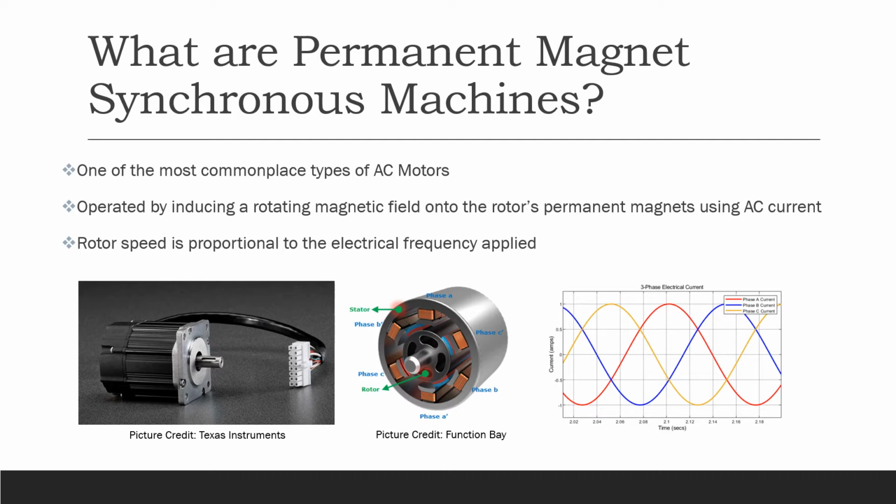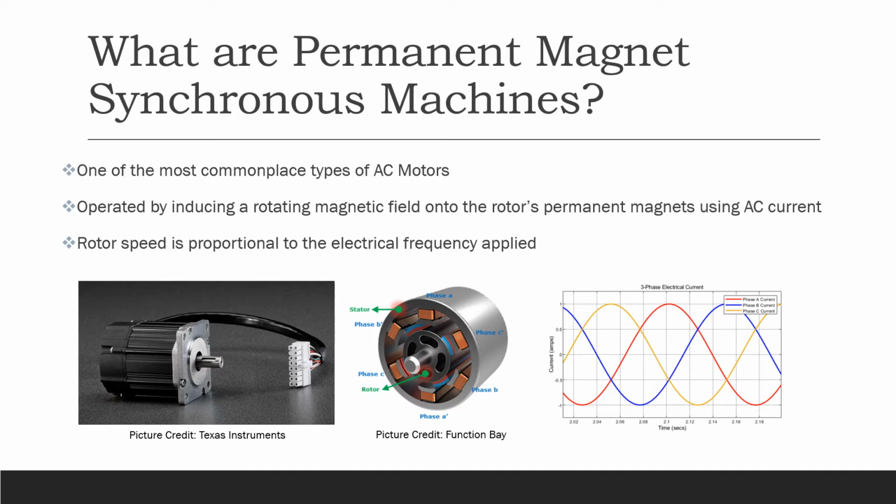So what happens, you can see in the second picture there, we have an exposed PMSM with its three-phase windings and its opposite three-phase windings as well. We pass AC current through those windings, and that AC current induces a magnetic field onto the rotor, and that magnetic field rotates.